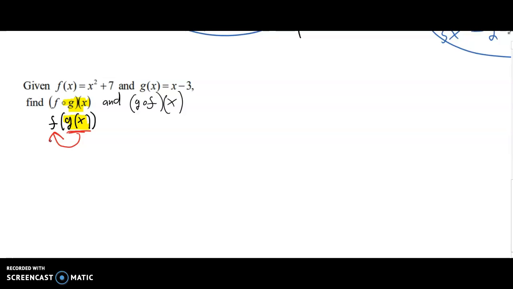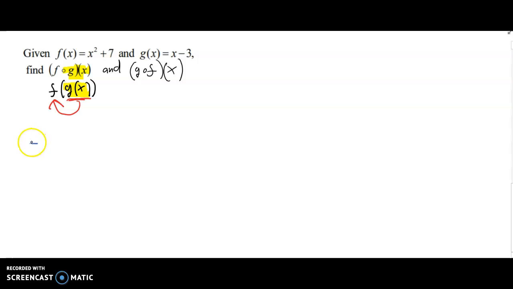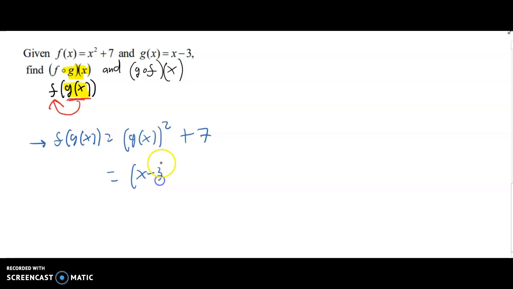So in f, wherever we saw an x, we're going to write g instead. So f of g of x is, we had x squared, so now we have g of x squared plus 7. G of x is x minus 3.